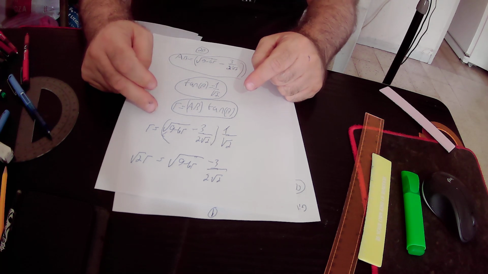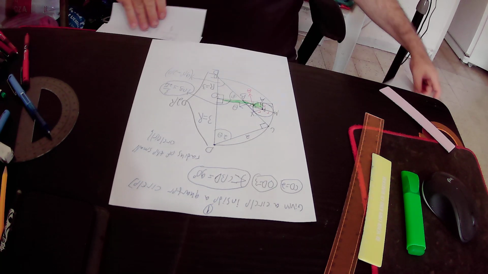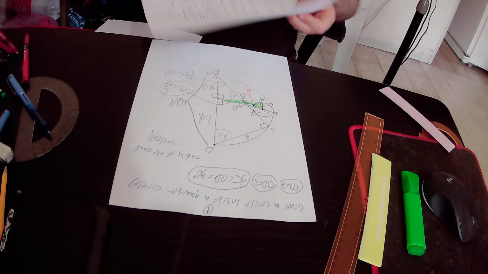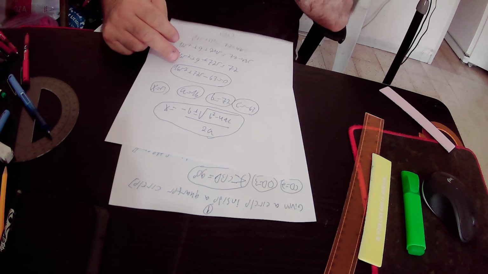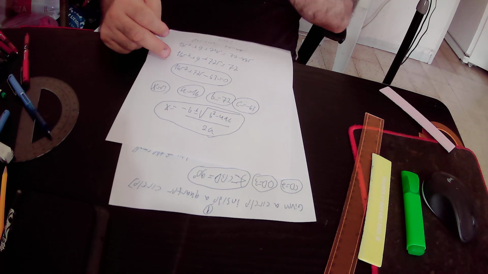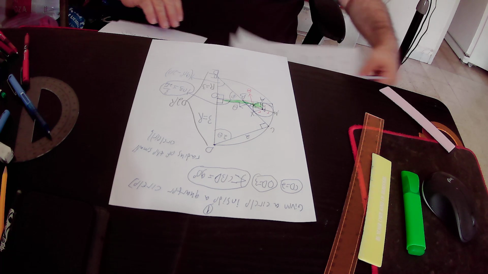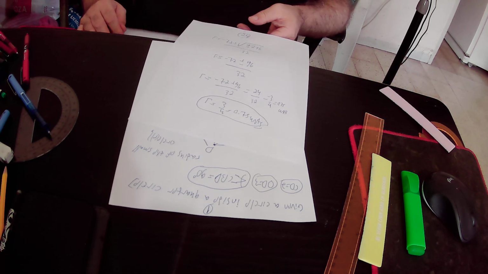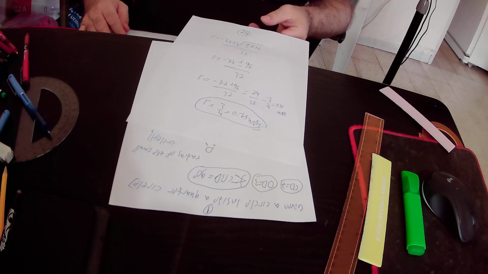We did this, and we got a quadratic equation, 16r squared plus 72r minus 63 equals 0. We solved this quadratic equation, and we found that the radius of the small circle equals 3 over 4 units, or 0.75 units.